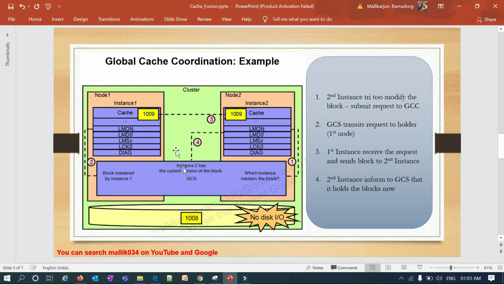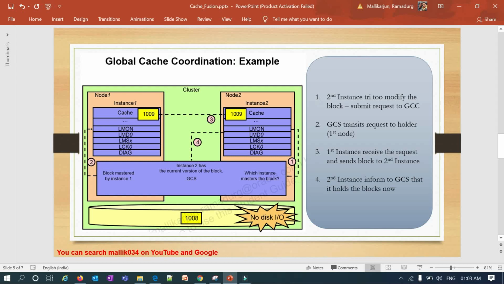You can see here 1009 is transferred to instance 2. You can see in step number 3, via the private interconnect, that is the cluster interconnect, we can say HAIP, it transfers via that private network to my instance 2 buffer cache.